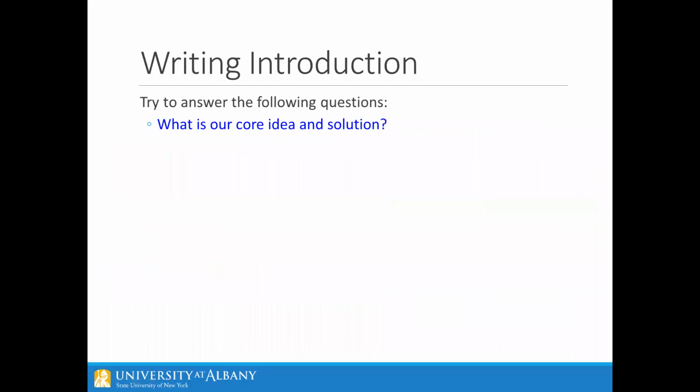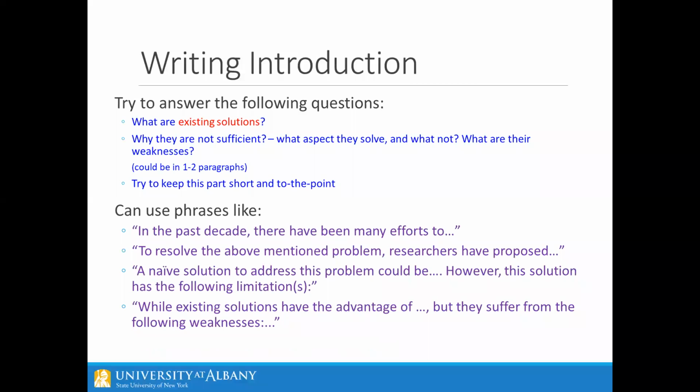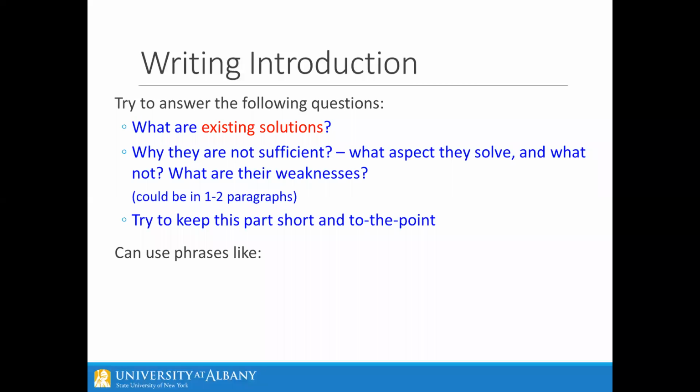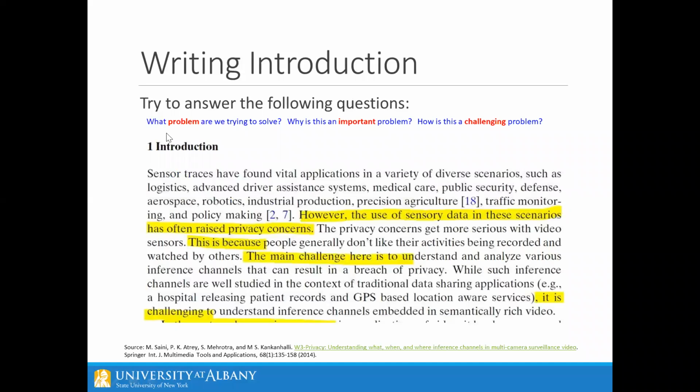All right. So what we have done so far, we have addressed a number of questions here in the introduction. The first question was what problem we are solving, why this is an important problem, and how this is a challenging problem. So one to two paragraphs for this.